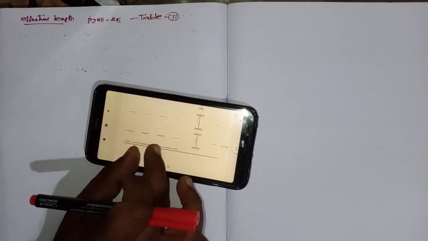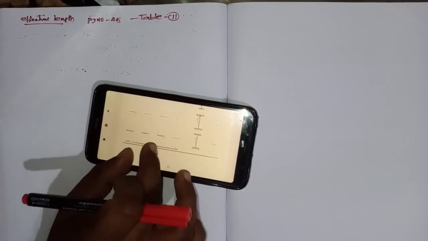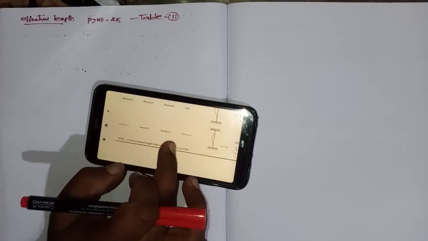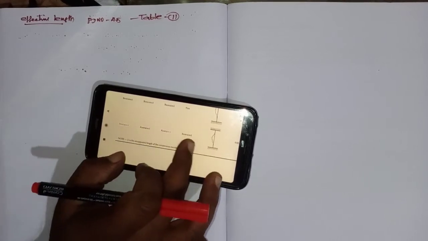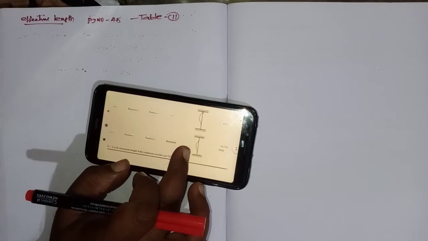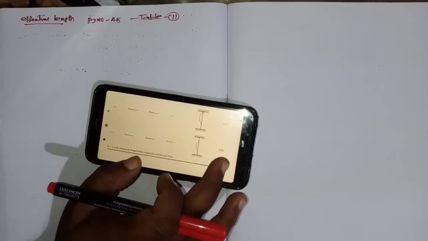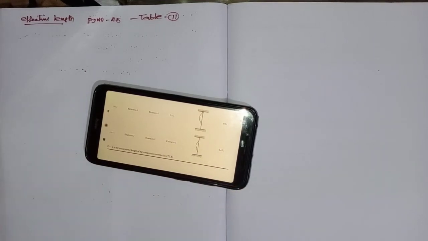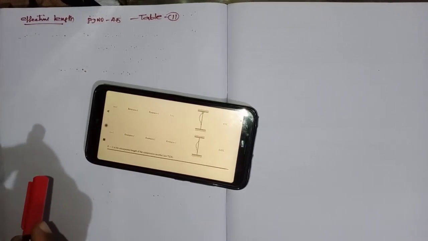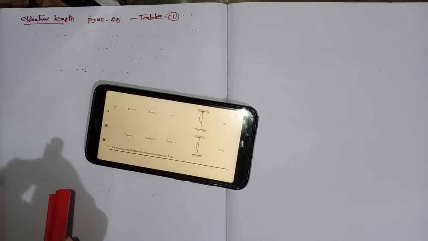If you see the last one, both ends of the column are restrained against translation and rotation, meaning both ends fixed. In such situations it is 0.65L. Based upon the conditions you are supposed to take. This is a very important table while solving problems on compression members.